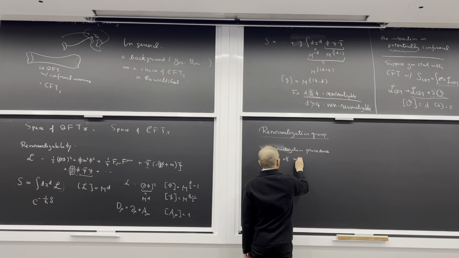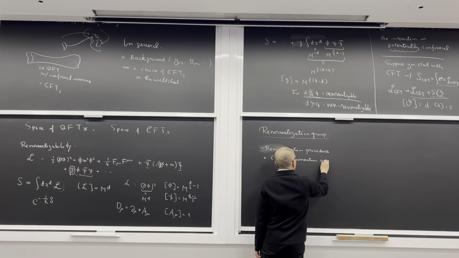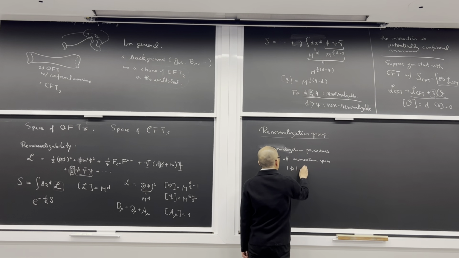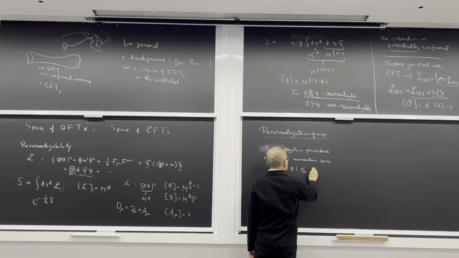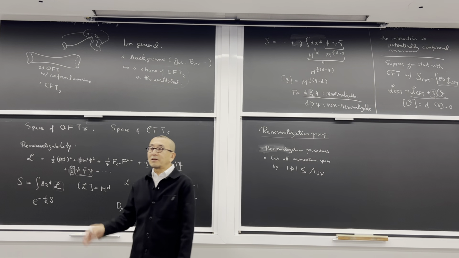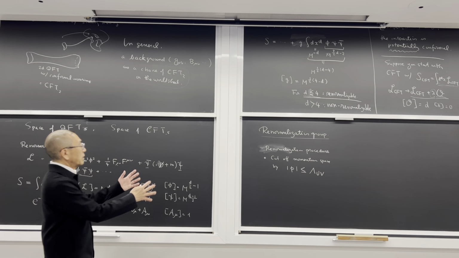momentum space by something like the momentum P is supposed to be less than some ultraviolet cutoff. And you just allow loop momentum to be integrated only in this cutoff regime.